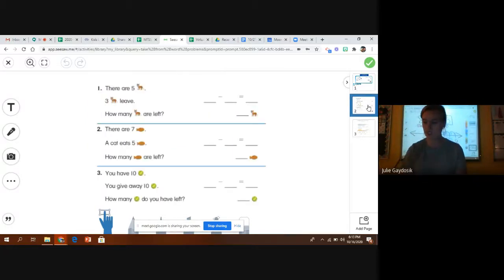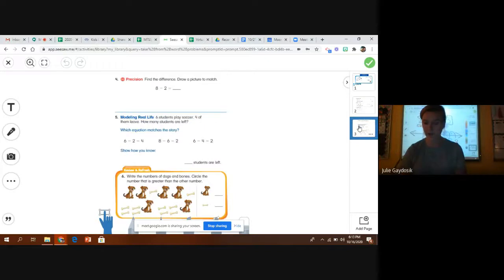This one is on page 31, which is in the directions, but I'm going to tell you now. That's on page 31, and this is on page 32. So if you need to know, just look on pages 31 and 32 to do this activity in your workbook.